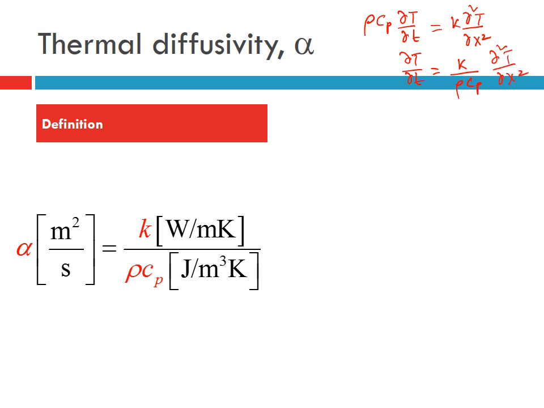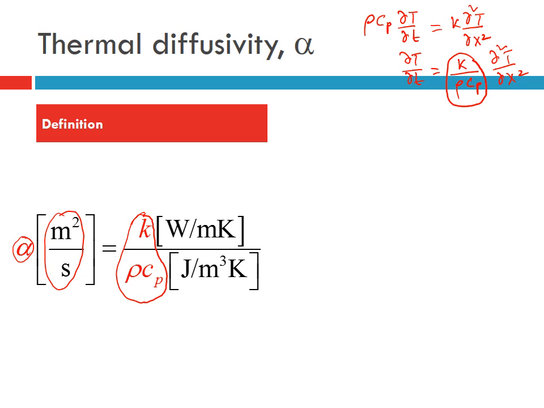So quite often in transient problems, we will have this quantity K over rho Cp together this way. And this has a very special meaning and it can be physically interpreted. We are going to interpret that later on, but for now, this K over rho Cp has the unit of meter square per second and it's called thermal diffusivity.